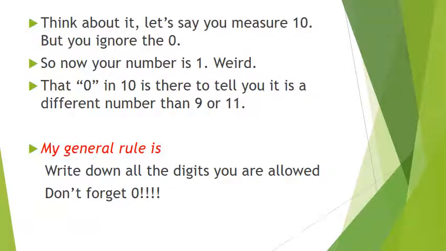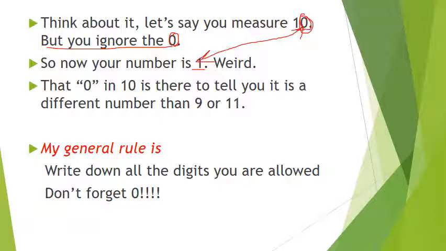Now there are times we will ignore them, but we're really going to try not to. Let's say that you measure some value of 10, but you ignore the 0. Then you're left with 1, and 1 certainly isn't 10. There's a difference between 1 and 10, and the 0 makes a difference.